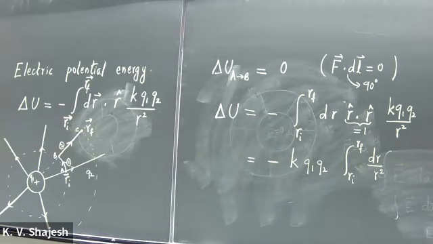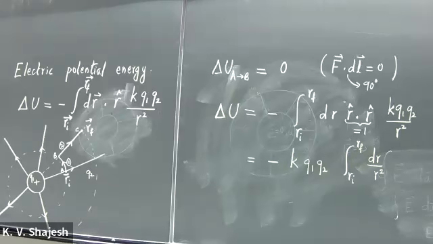Remember your integral formula, the integral of x raised to n dx. That's equal to x raised to n plus 1 over n plus 1. So we are doing dr over r squared, that's the same as r raised to minus 2.